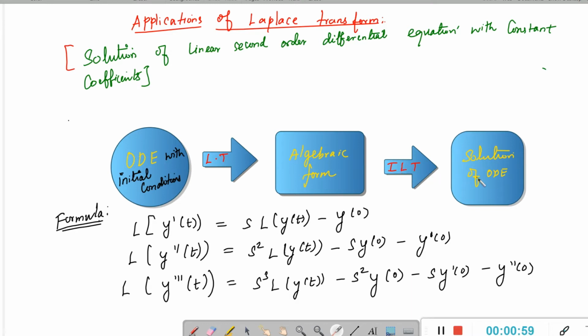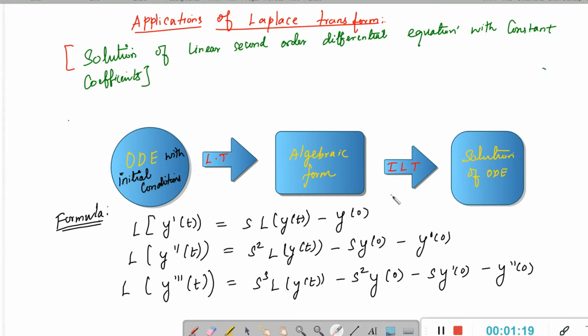From that, you may get the normal equation. That means the solution of the ordinary differential equation. So in this case, I am going to apply Laplace transform as well as inverse Laplace transform also.